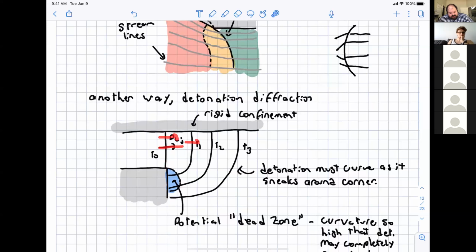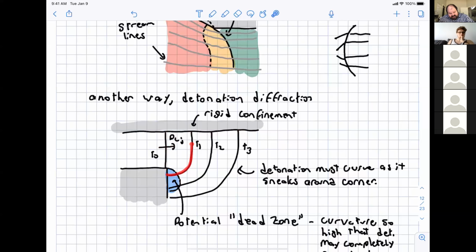The top of the detonation wave will propagate downstream into the explosive charge, but then the very bottom here will turn the corner and start propagating down. And so this bottom piece here and this top piece here, they'll connect, and then the detonation here will be curved. And this process of the detonation sneaking around a corner like that is called detonation diffraction.